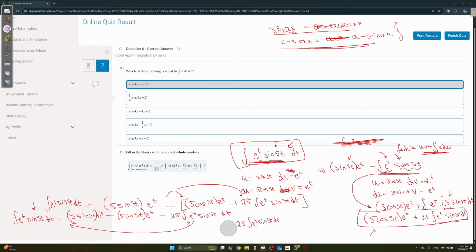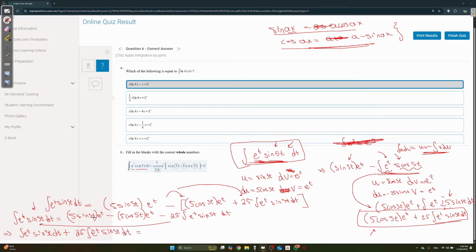Of course we can. I want some space, so I'm just going to remove this arrow and continue down here. Taking this to the left, it's going to be integral e to the t sine 5t dt plus 25 integral e to the t sine 5t dt.